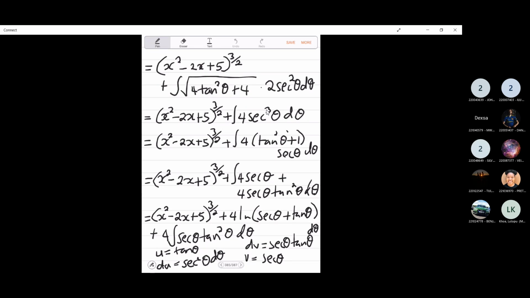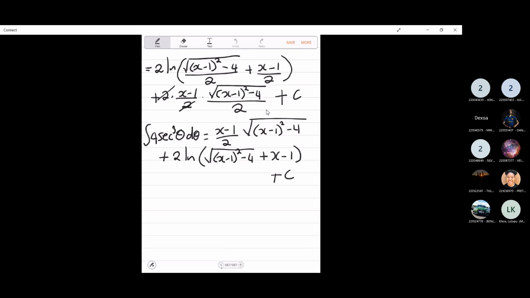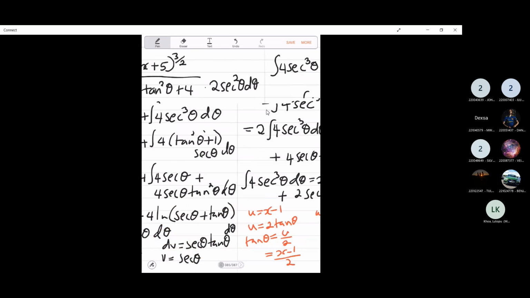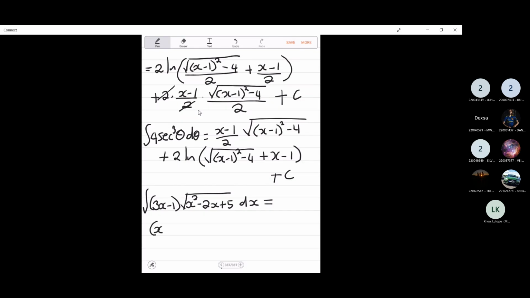So our final answer, the entire integral of 3x minus 1 times the square root of x squared minus 2x plus 5 dx, is equal to, we said the first part, this one, is x squared minus 2x plus 5 to the power of 3 over 2.